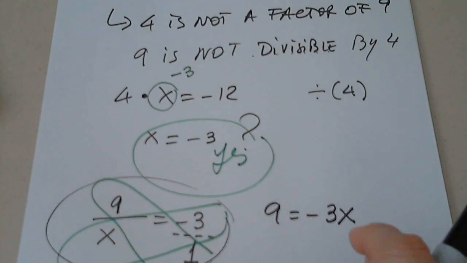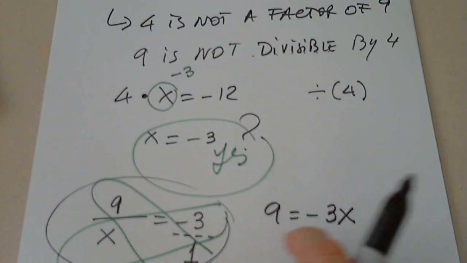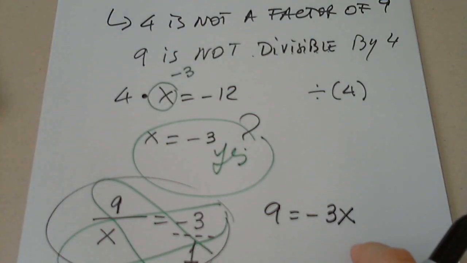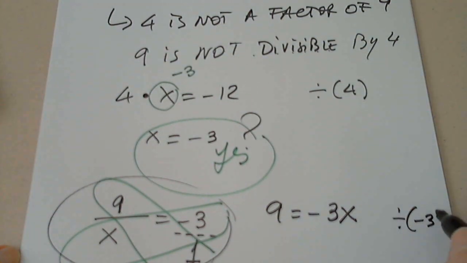Which operation do I have to perform, or what do I have to do to both sides to get x by itself? Divide, indeed, by -3. When I divide this side by -3, I get just plain x. That's what I want. I want to solve for x.